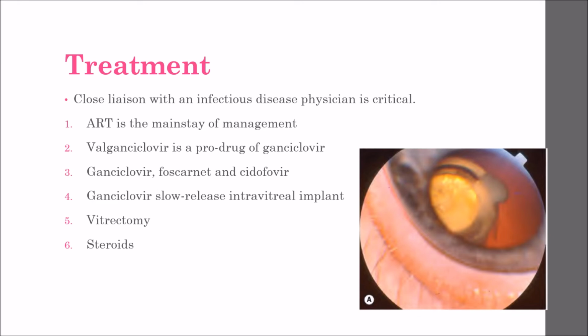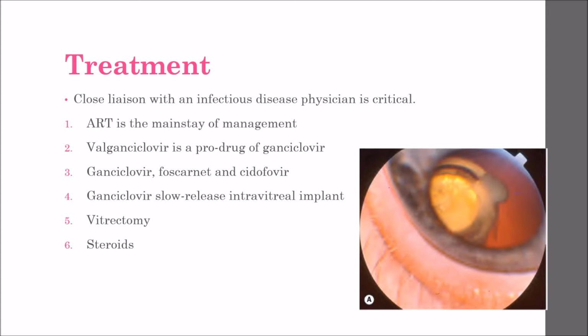Neutropenia is a common side effect due to bone marrow suppression, but can be effectively treated with filgrastim, which is a granulocyte colony stimulating factor. Ganciclovir, foscarnet, and cidofovir, given intravenously, were formerly key therapeutic agents, but substantial side effects have led to their relegation to reserve status.